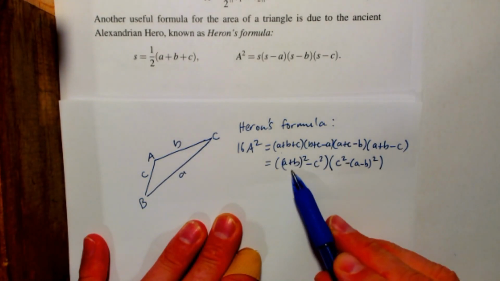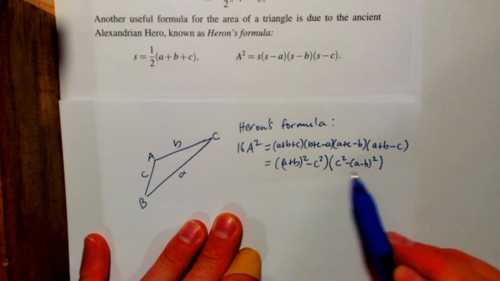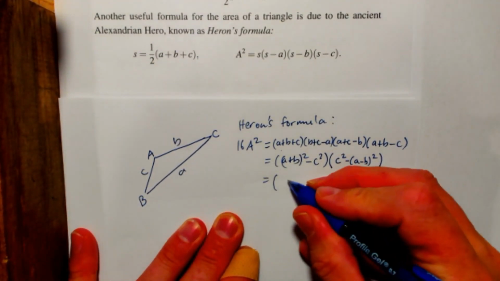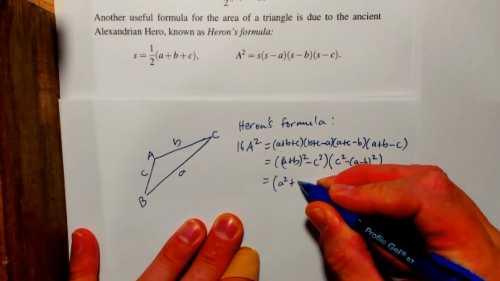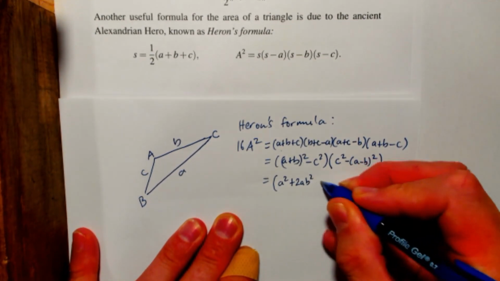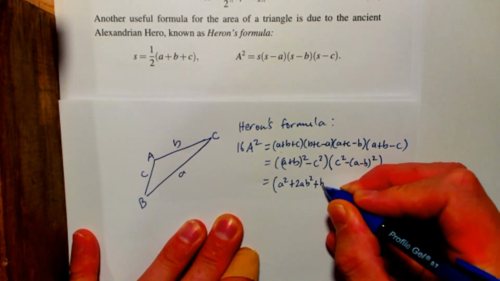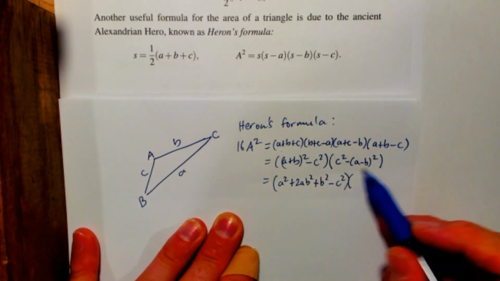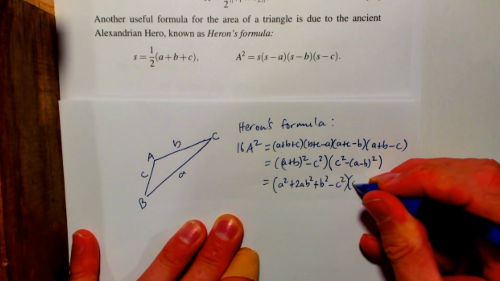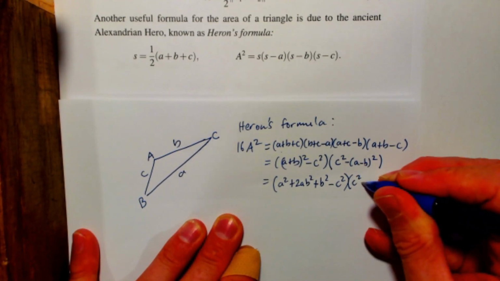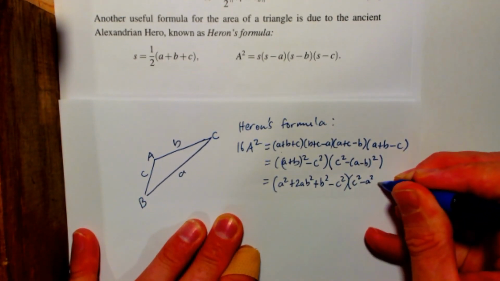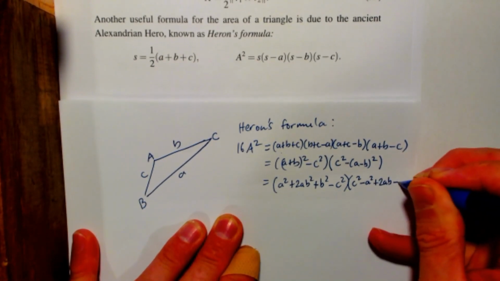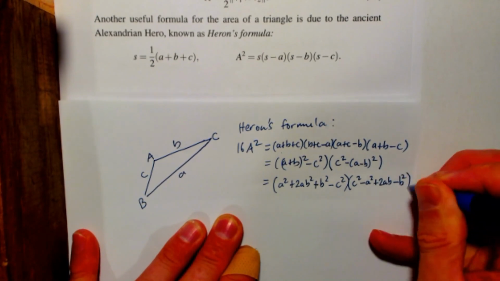Okay, now if we expand each of these two squares, then what we have is a squared plus 2ab plus b squared minus c squared. And then if we do the same thing here, then we have c squared minus a squared plus 2ab minus b squared.